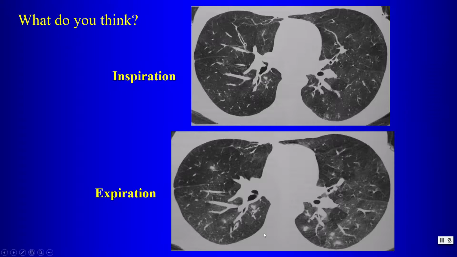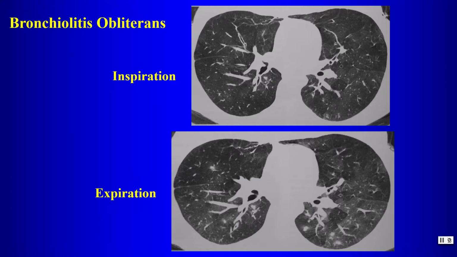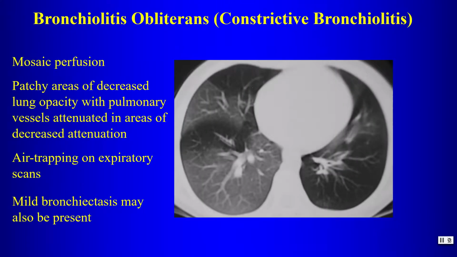Here we have inspiratory and expiratory imaging, and we see that the predominant finding is air trapping and mosaic perfusion on the expiratory images. So we want to think of small airway disease, especially bronchiolitis obliterans or constrictive bronchiolitis, when we have a finding like that. With bronchiolitis obliterans, we will have mosaic perfusion, patchy areas of decreased lung opacity.